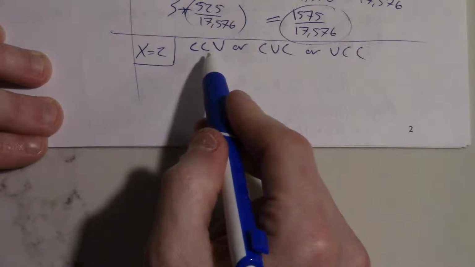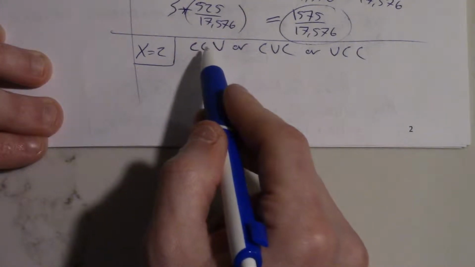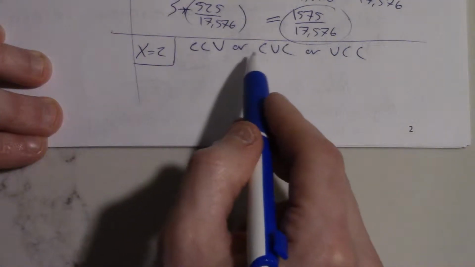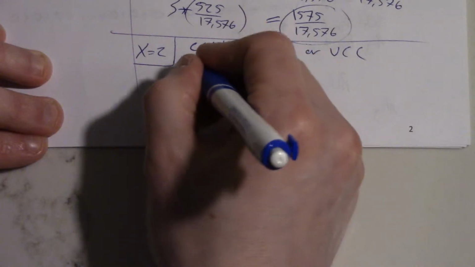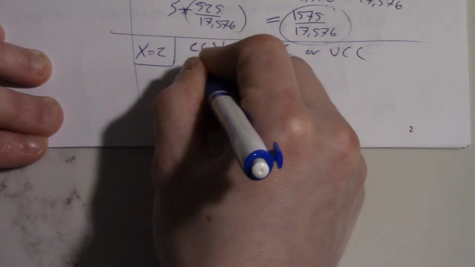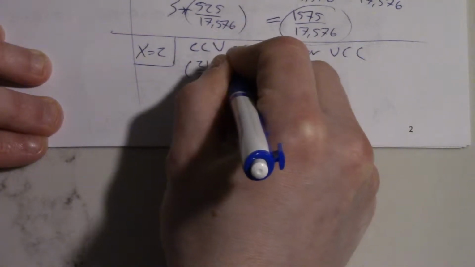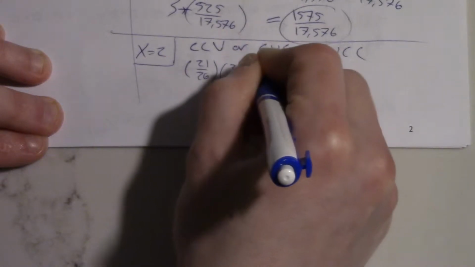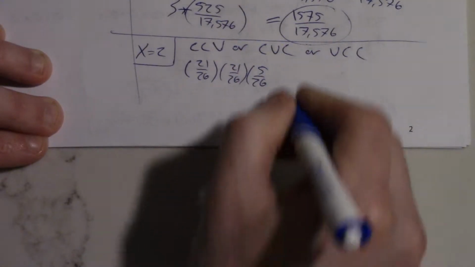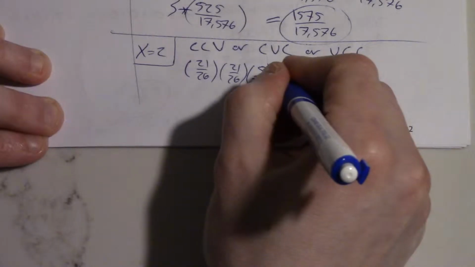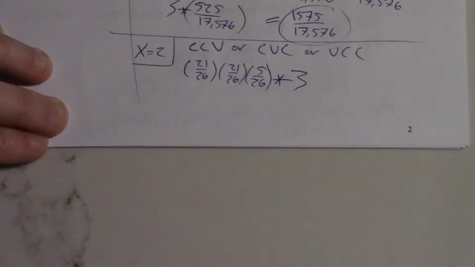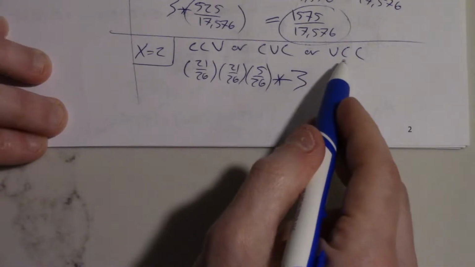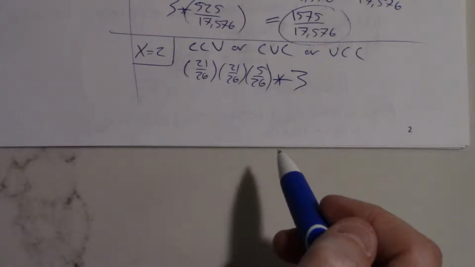So just like before, if we can find the probability of one of these, they're all going to be the same. They'll use the same numbers in a different order. So consonant, consonant, vowel, that's 21 out of 26 times 21 out of 26 times 5 out of 26. And we can multiply that by the 3 different ways that we could see 1 vowel and 2 consonants.